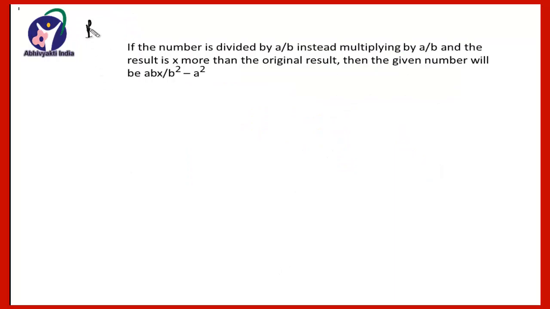Now here is rule number 5. Rule number 5 is, if a number is to be multiplied by a upon b, but instead one divided the number by a upon b, and the result is x more than the original result, then the given number will be abx upon b square minus a square.